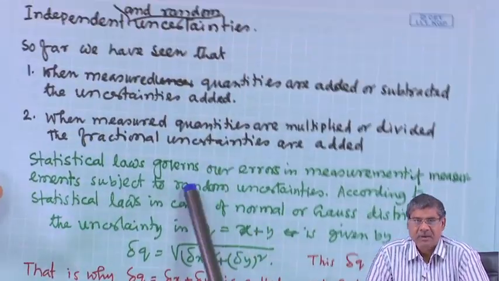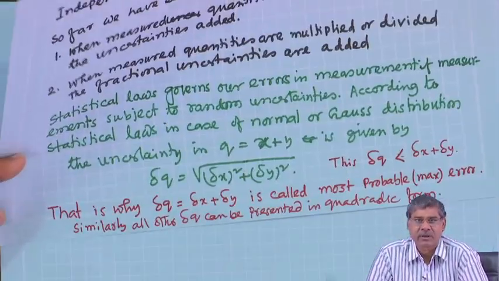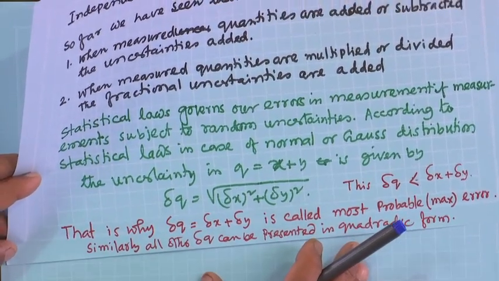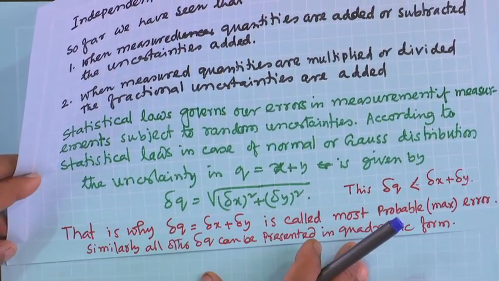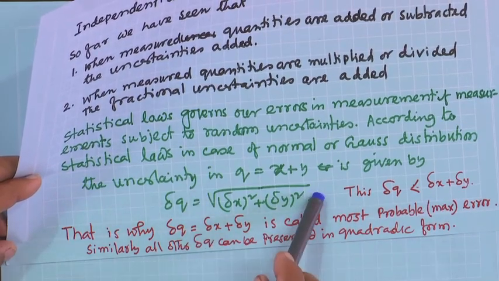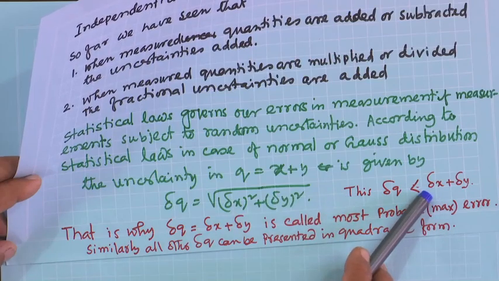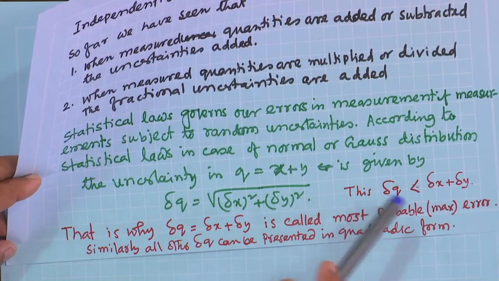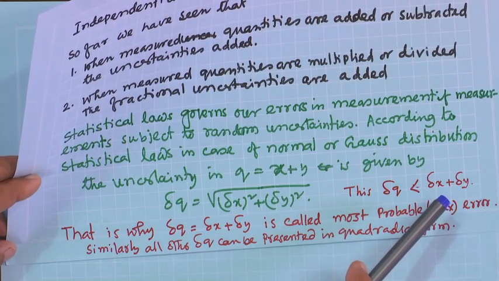But generally in our laboratory, whether it is statistical in nature or a normal experiment, in all cases we do not consider this square root; we consider del x plus del y, and this is the maximum possible error.